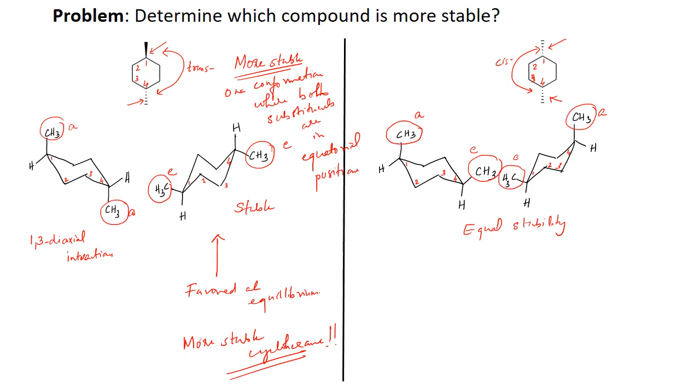So hopefully this was helpful in identifying how we go through these cyclohexane molecules in assessing their relative stabilities. We can basically look at the position of the substituents and the number of the substituents and predict which of the cyclohexane molecules is the more stable molecule.